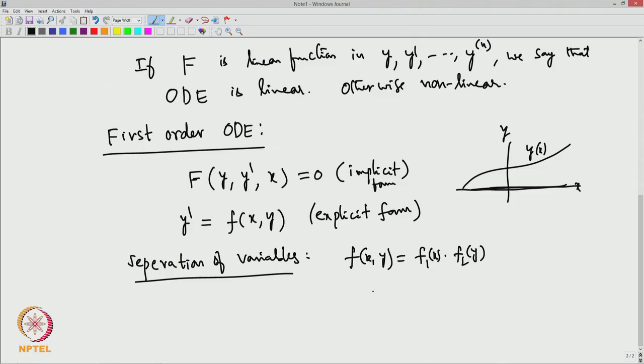I have a nice form. If a general f is in this nice form, I can easily solve. So, your equation is dy by dx equal to f1 of x into f2 of y.